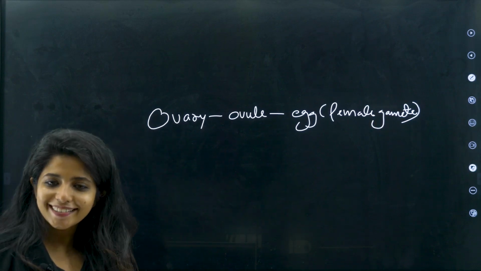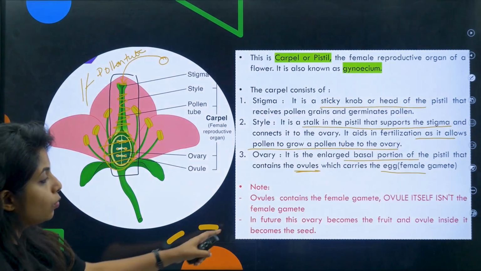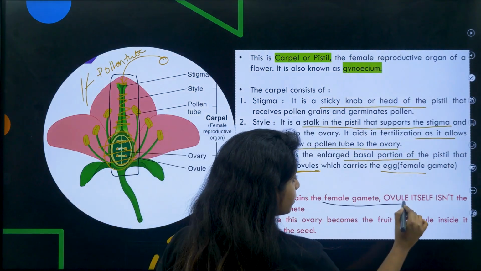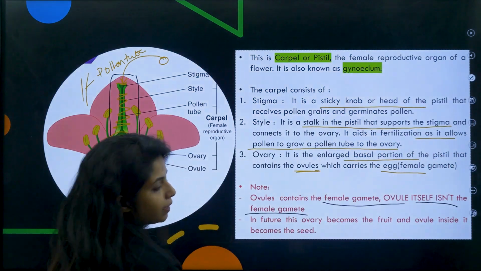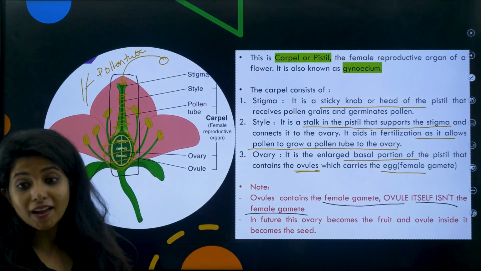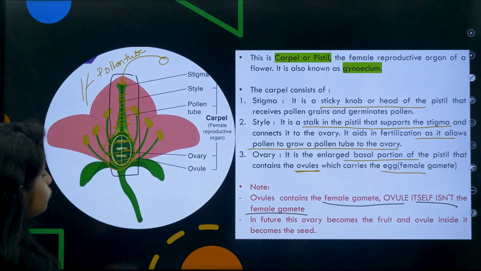Okay, done. Now going ahead, note ovule contains the female gamete. In future this ovary becomes the fruit. That is also important. Now in future what happens, children?